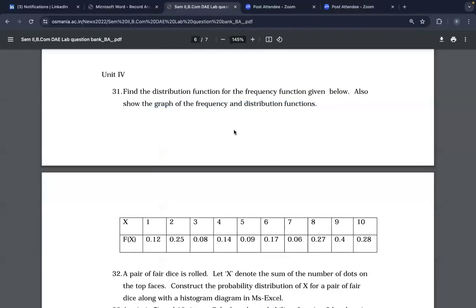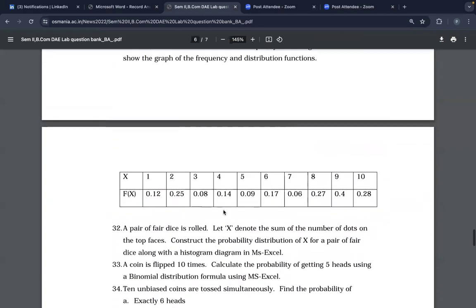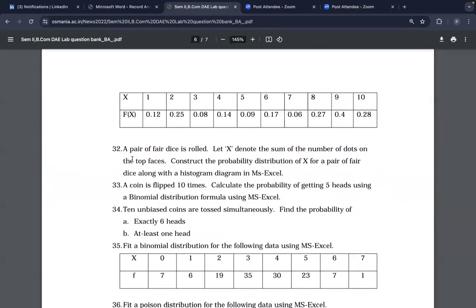Now you are going to deal with the 32nd question. A fair pair of dice is rolled. When you roll the dice, you will see two numbers, right? On one die you see 1, on the other die you see 1. The sum of them is 2. If on one die you see 1 and on the other you see 2, the sum is 3, isn't it?